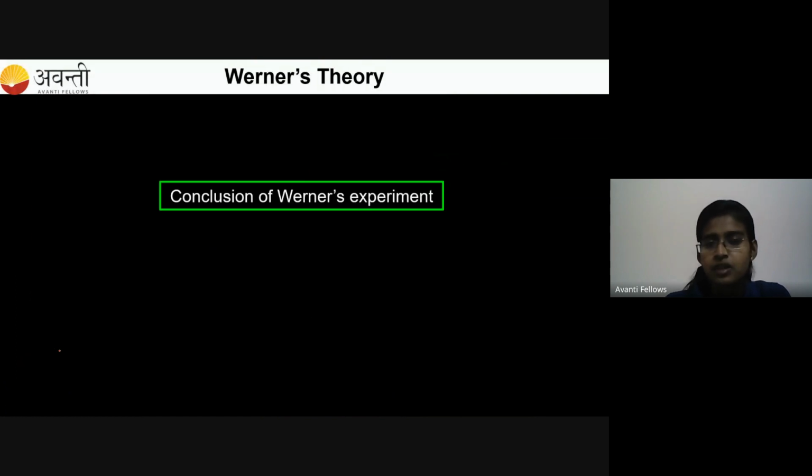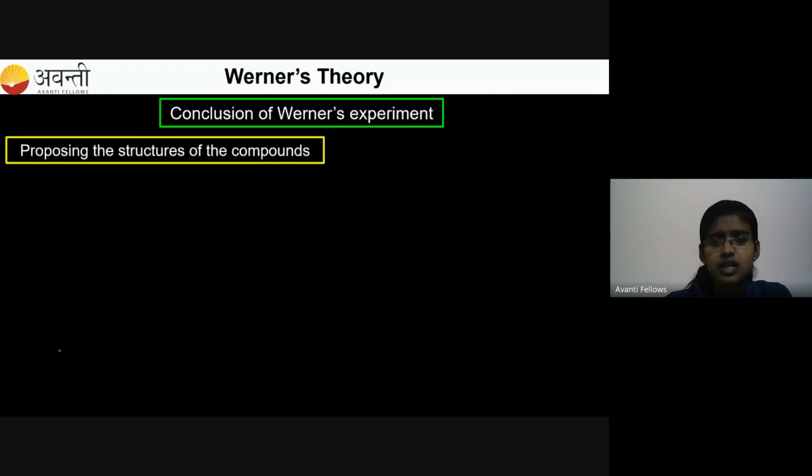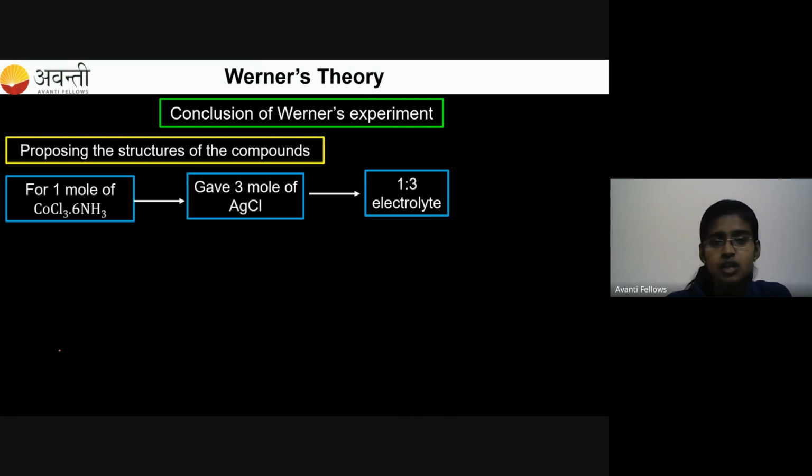Now from these 2 experiments, he concluded some things. For the first compound, he got 3 moles of AgCl, and also a 1:3 electrolyte, right? What he is trying to conclude from this first observation is the formation of [Co(NH3)6]3+ and 3 Cl minus ions.